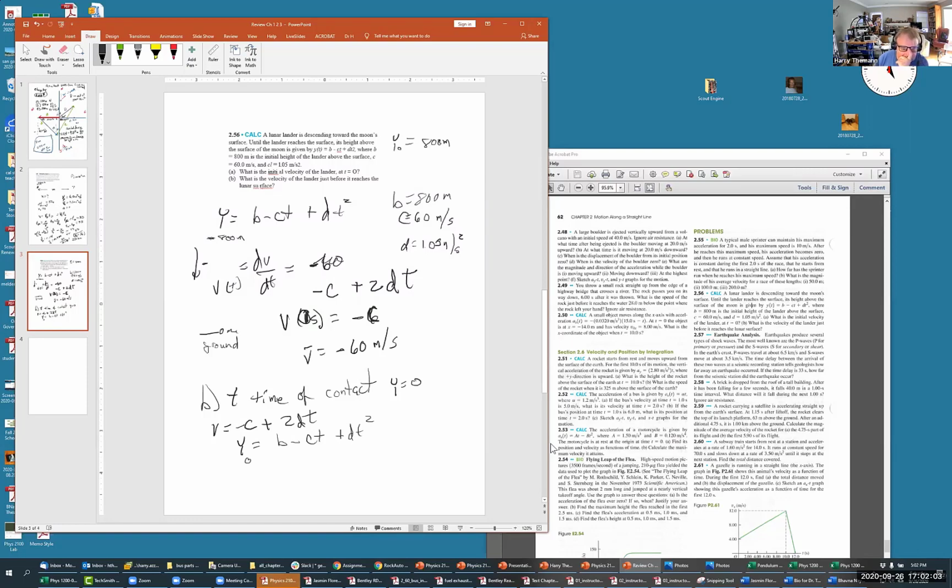Well, we can just plug it into the quadratic equation, right? So this is a quadratic. I don't think there's any way around it. Quadratic. Right? Let me think about this.